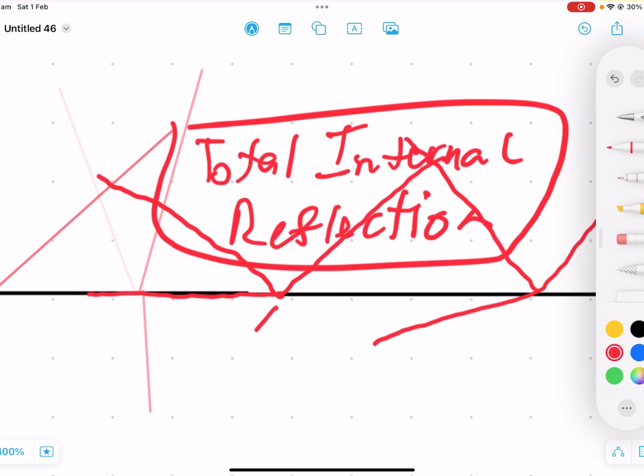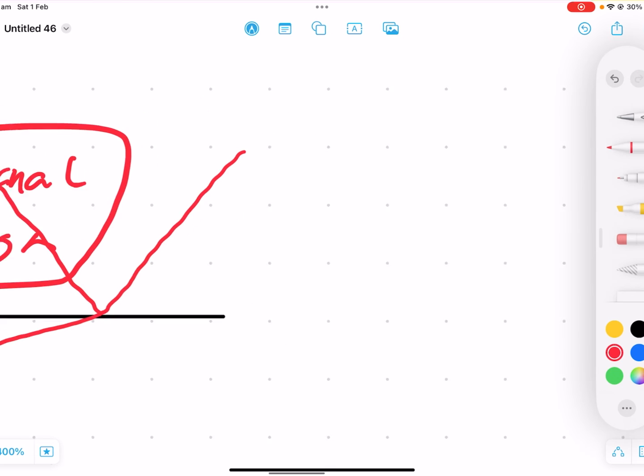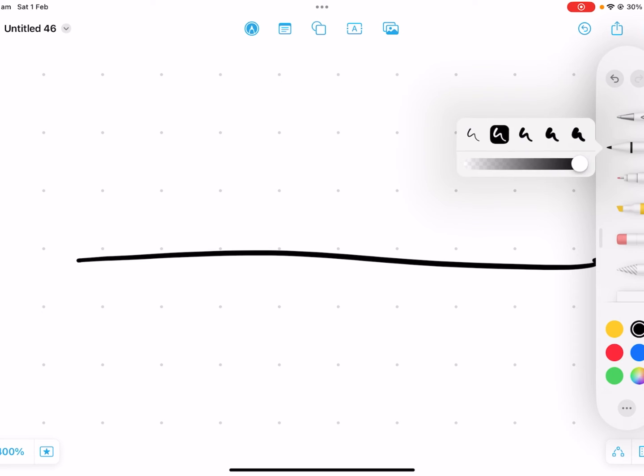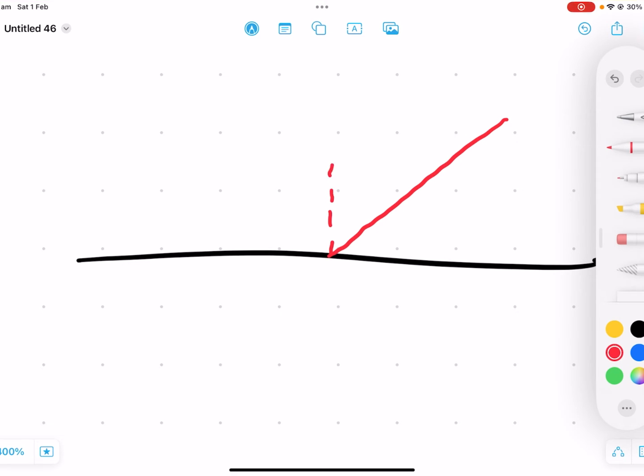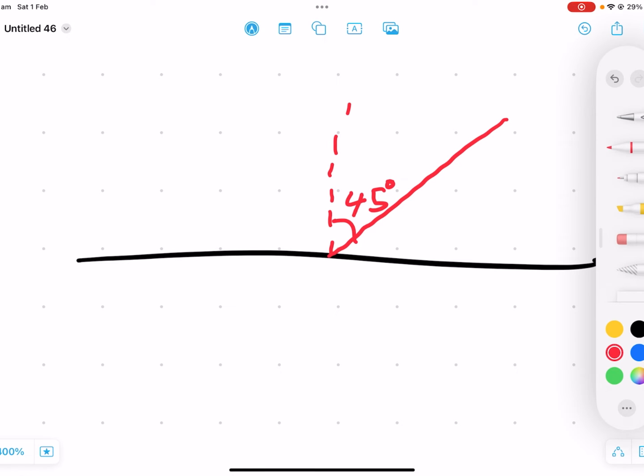By the way, let's say this angle from the normal was 45 degrees, and this is the angle at which the refracted angle goes away. This is the angle at which total internal reflection occurs.